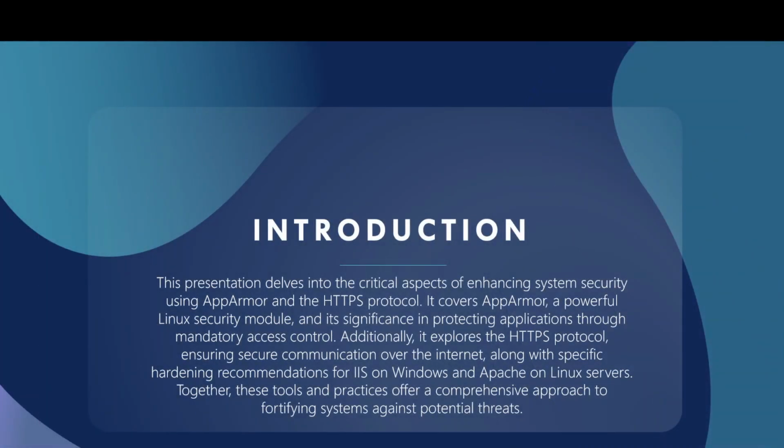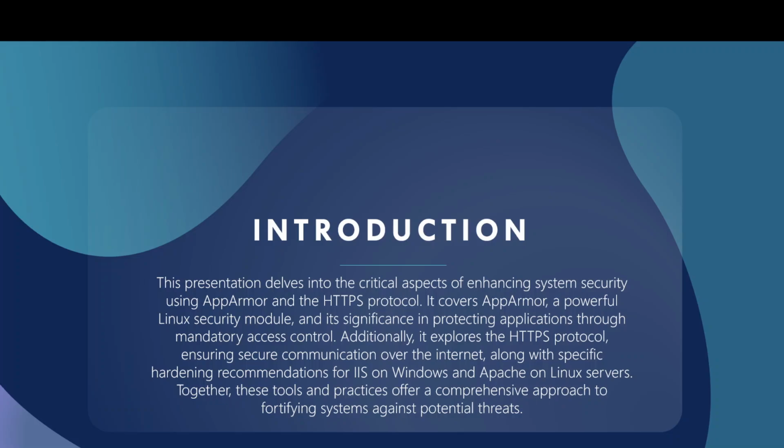As a quick introduction, this presentation delves into the critical aspects of enhancing system security using AppArmor and the HTTPS protocol. It covers AppArmor, a powerful Linux security module, and its significance in protecting applications through mandatory access control.